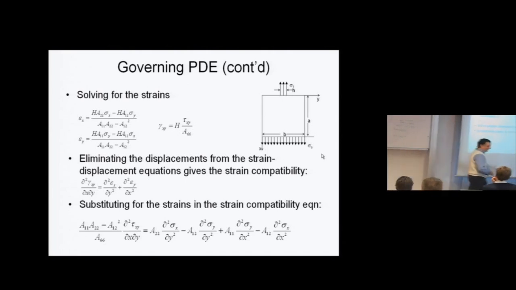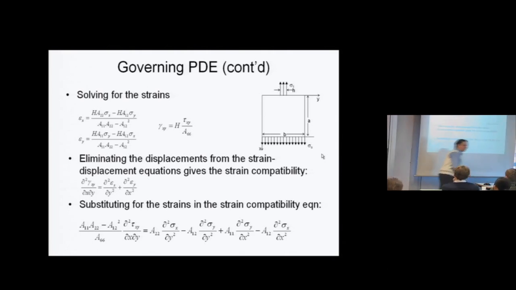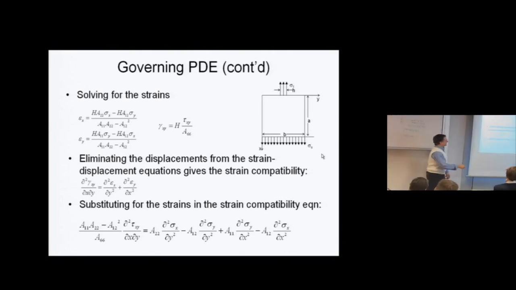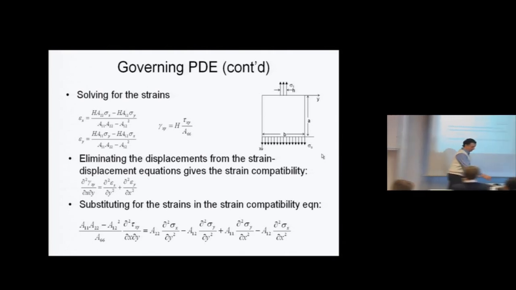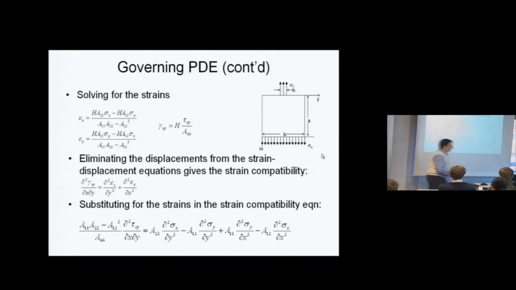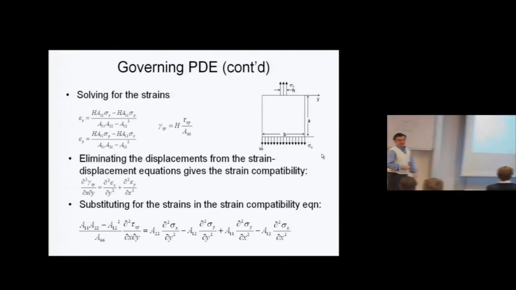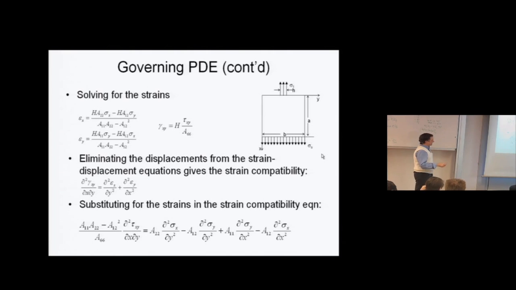So I can eliminate 2 of the stresses in this last equation to arrive at a single equation that will involve only 1 stress. In this case, it's the sigma x stress. Notice this is my xy coordinate system, so x is pointing down in the plate that we have there. It is a 4th order partial differential equation with beta and gamma as defined here.